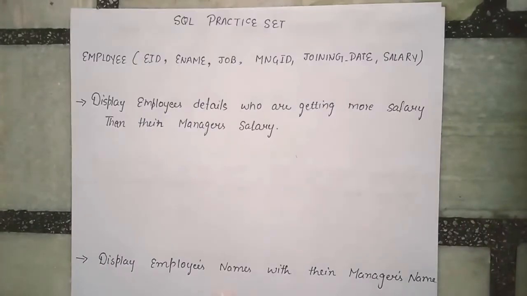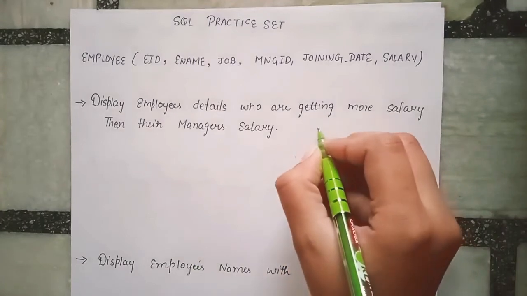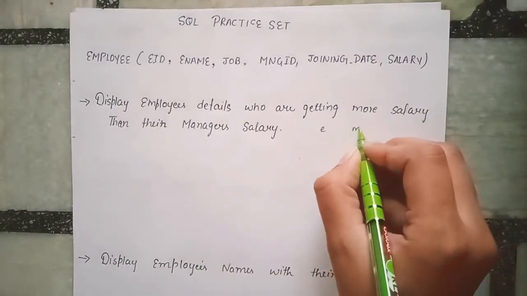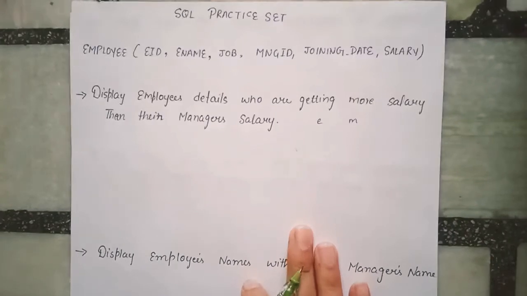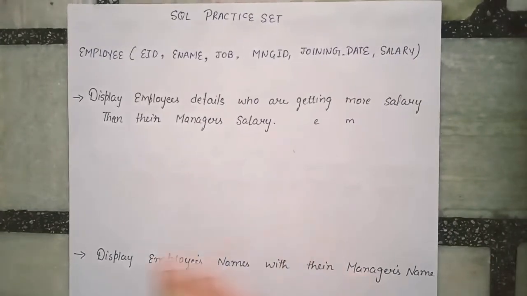As we know, we have two objects, object E and object M. Now let us write the query that we'll use to fetch those employees.